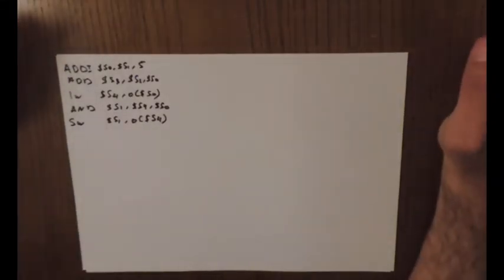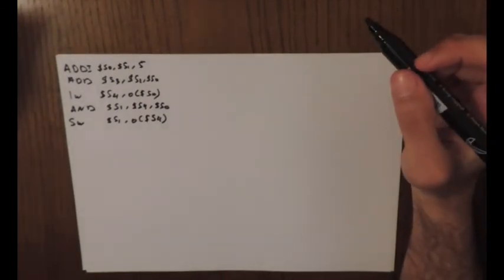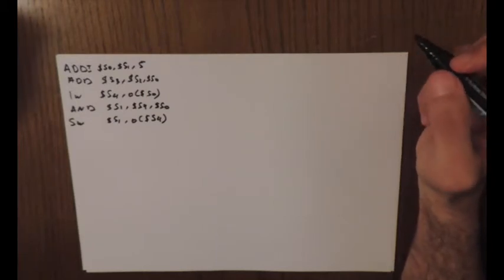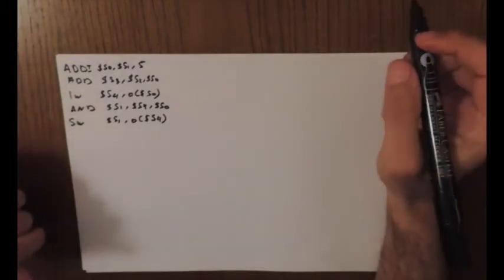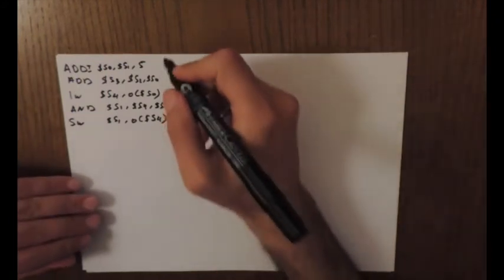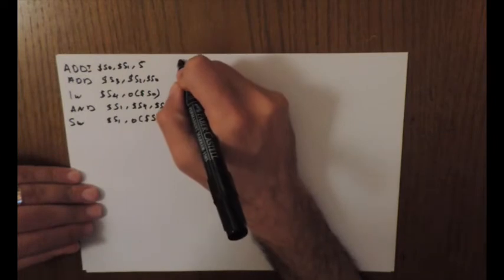Now let's consider an example where we want to schedule this program in a MIPS 5-stage pipeline with forwarding. Here we employ forwarding, and we don't have to put two stalls when we have a dependency. First we start with the first instruction.